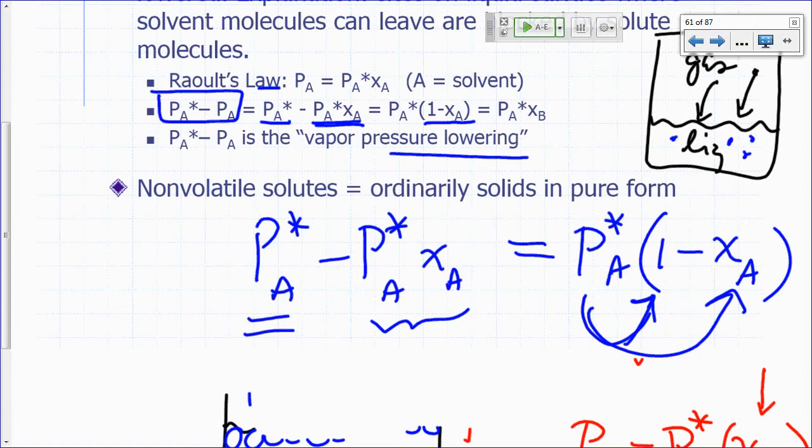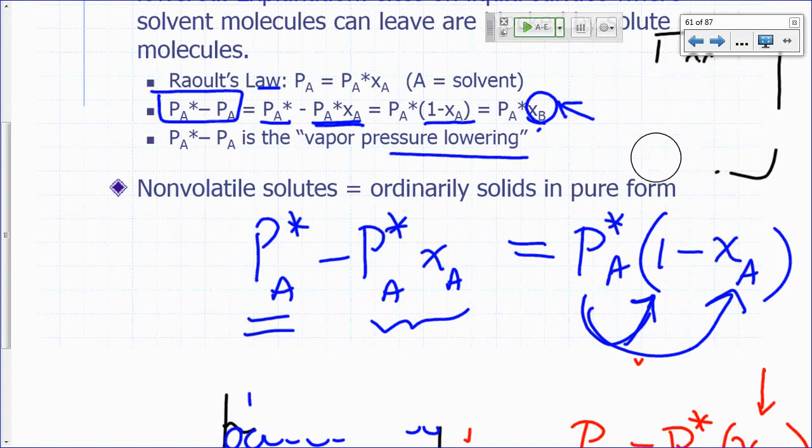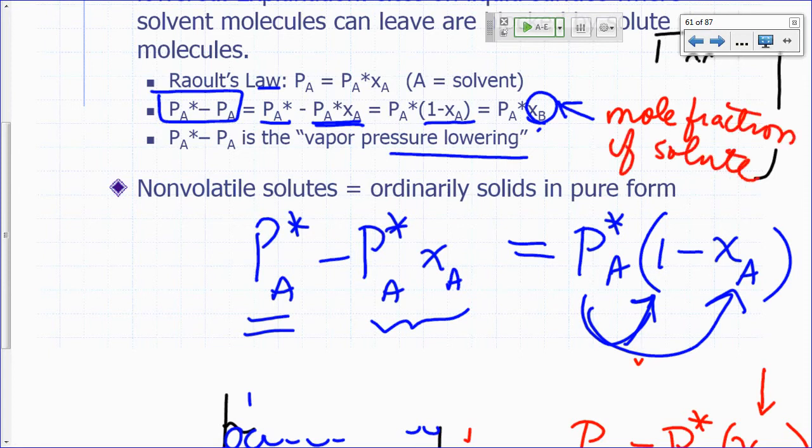If you subtract the mole fraction of the solvent from 1, that gives you the mole fraction of everything else. We call that XB, the mole fraction of your solute particles.